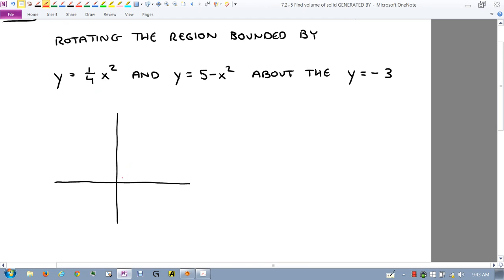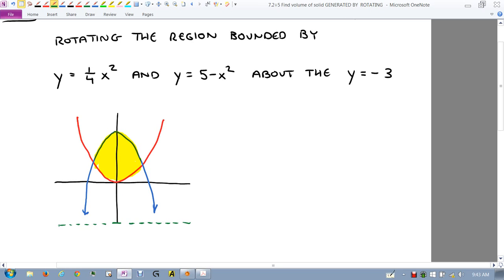All right, I'm going to draw my same two functions. Where is my axis of rotation this time? It's below the x-axis, y equals -3, which is, I'm just going to exaggerate it down here. We're rotating around here, -3.